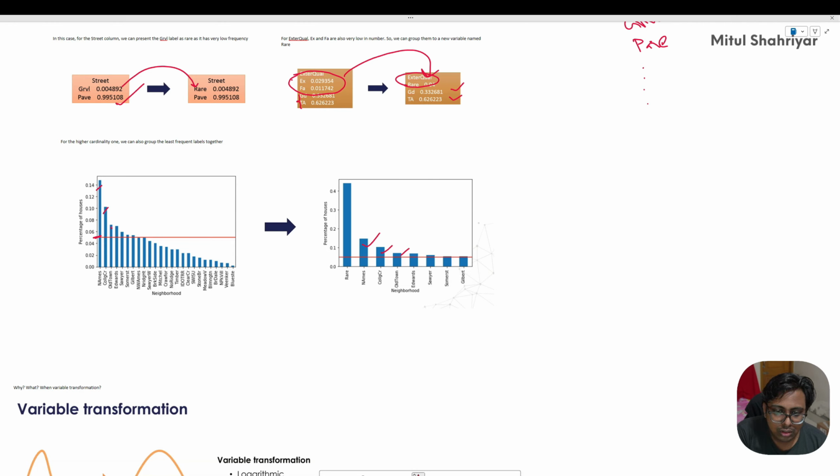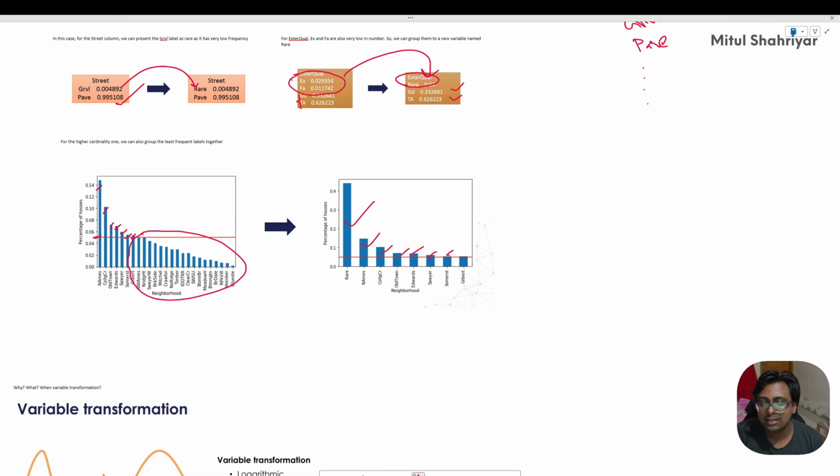This Old Town is also there. Then Sawyer there, Somerset. Basically the neighborhood names. And Gilbert. Yeah. Okay. And all of the other neighborhoods, it took them and summed them and created a rare label.